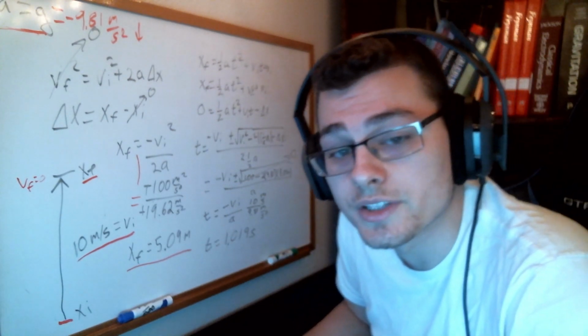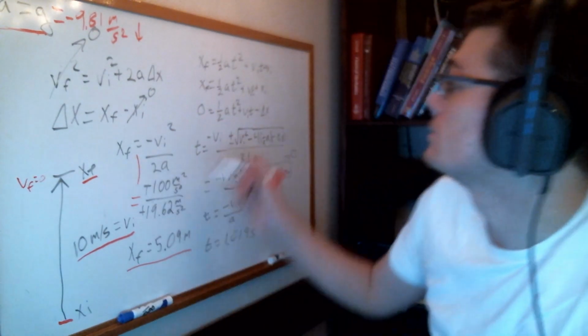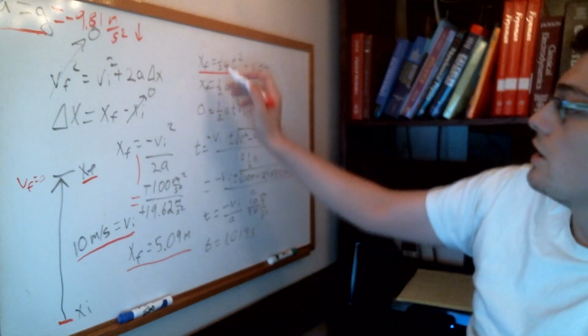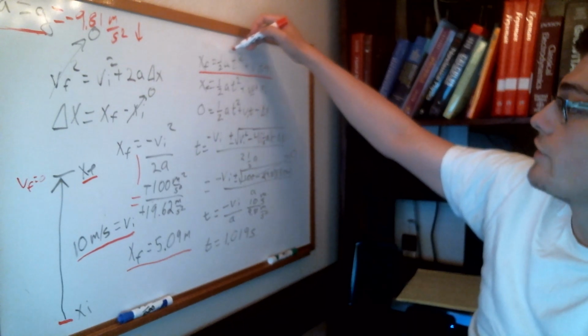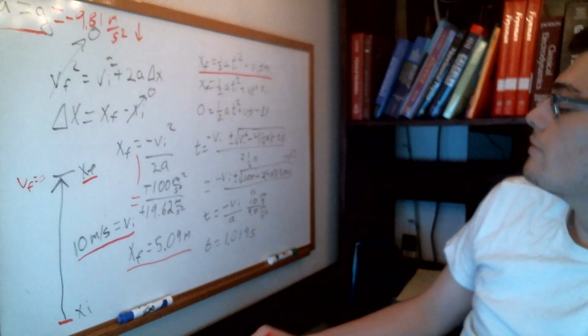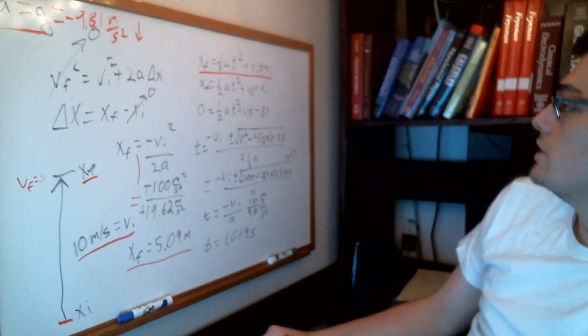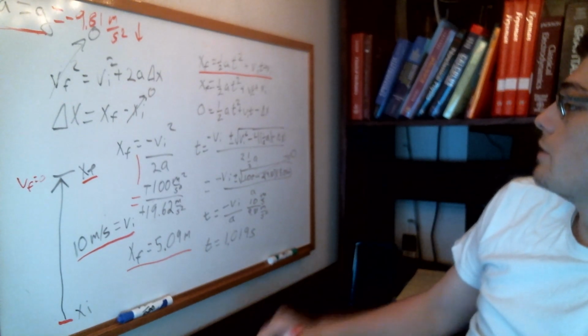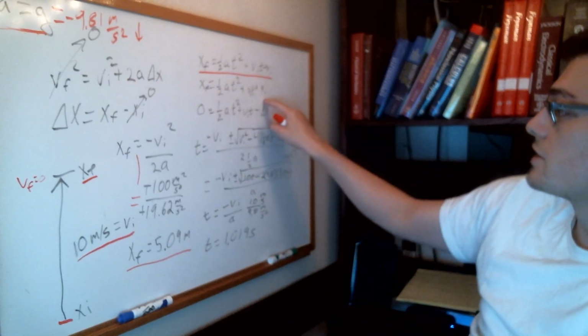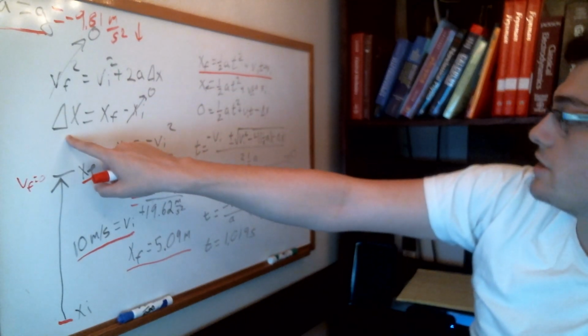Now, in order to find the time, we have to do something else. We're going to use the other kinematic equation that we used earlier, where xf is equal to 1/2 at squared plus vit plus xi. What I immediately want to do is compact xf and xi together to give us a delta x.